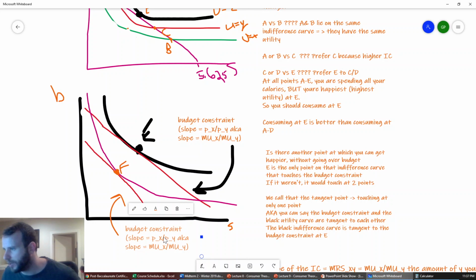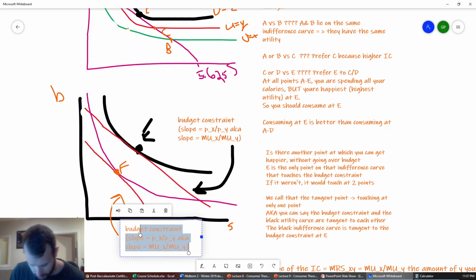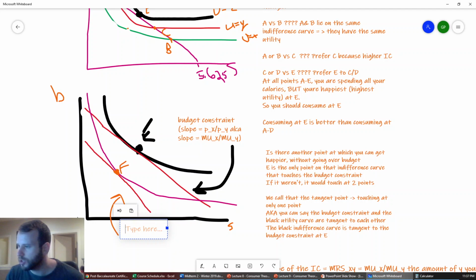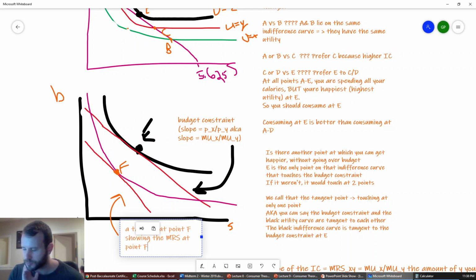This other red line is just a tangent with the MRS, a tangent at, let's say, point F, showing the MRS at point F, okay?